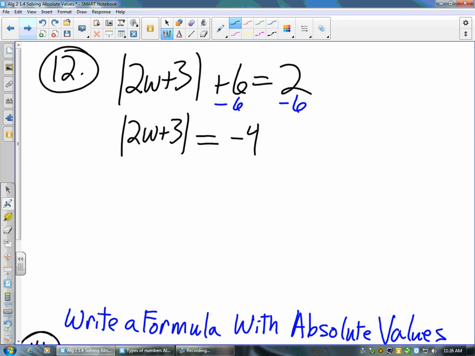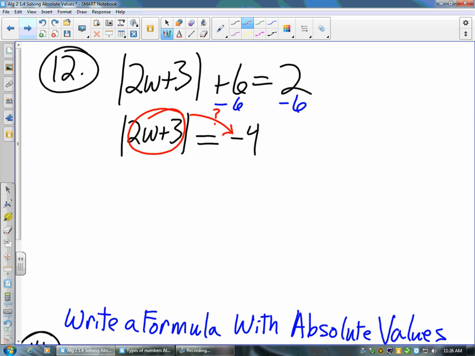Now, from here, we would go and split our problem into two cases. However, if you notice, the absolute value equals a negative 4. You might stop and think, well, how could any one item that I absolute value make a negative?